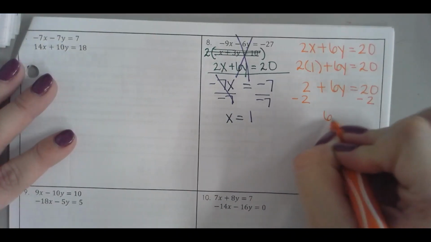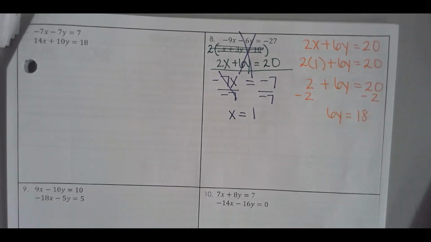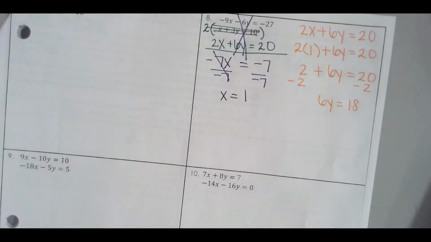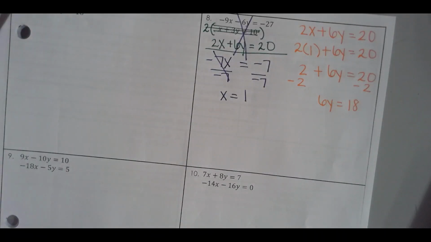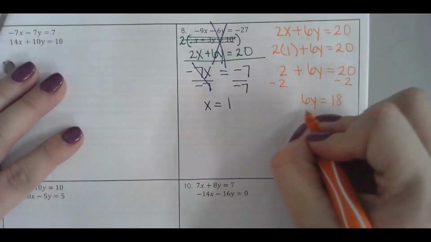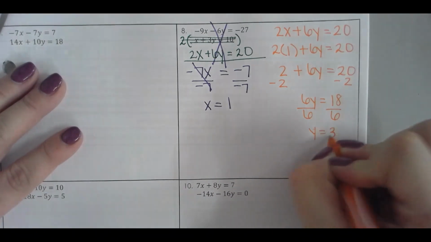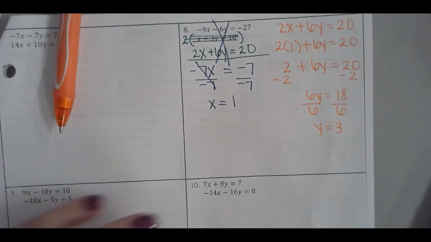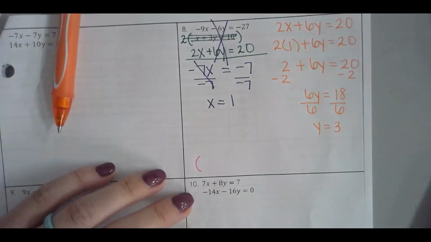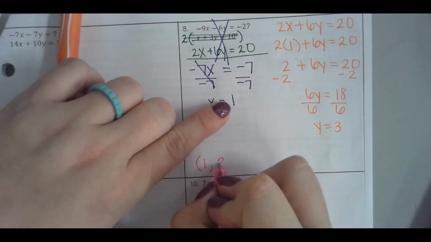Yep. 6y equals 18. And patience, what do I do next? Divide by 6, and that's going to give me what? 3. Yep, y equals 3. So my solution is the point 1, 3.